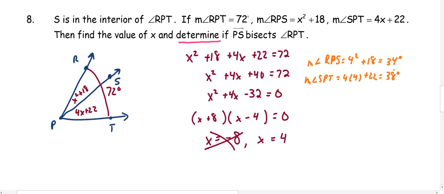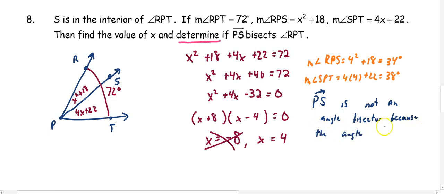So 34 and 38 are not congruent to each other, which means that PS cannot be a bisector. So I would say PS is not an angle bisector because the angles are not cut in half, or because the angle is not cut into two congruent pieces.